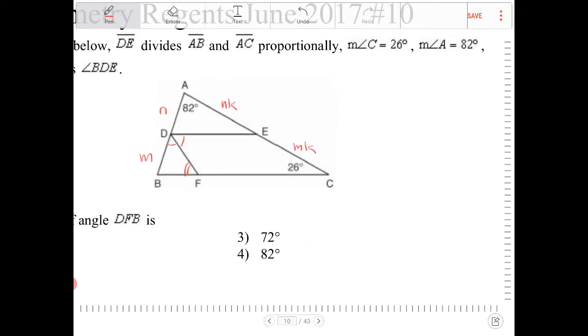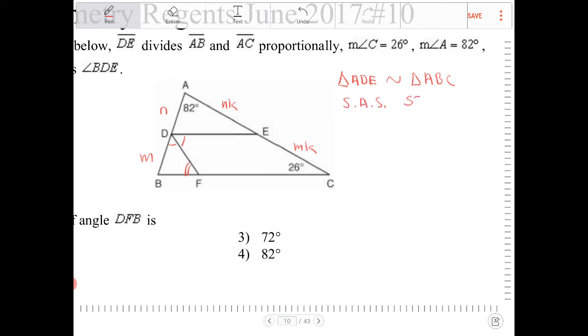So looking at this right now, we can justify actually that triangle ADE is similar to triangle ABC. For what reason exactly? For side angle side similarity. Now, how do I know that?